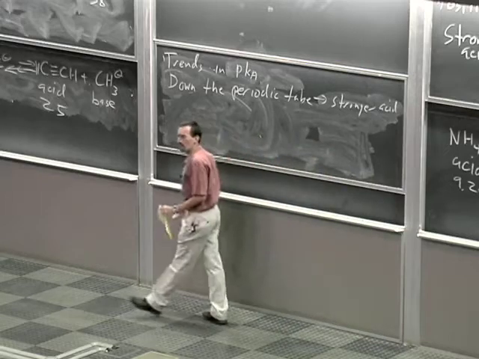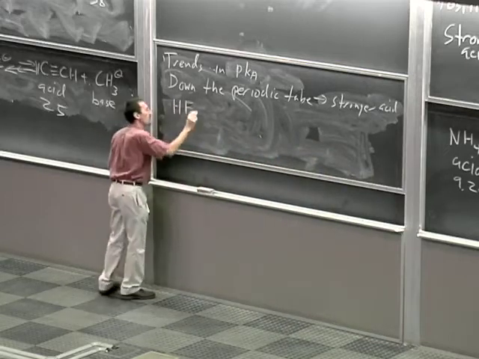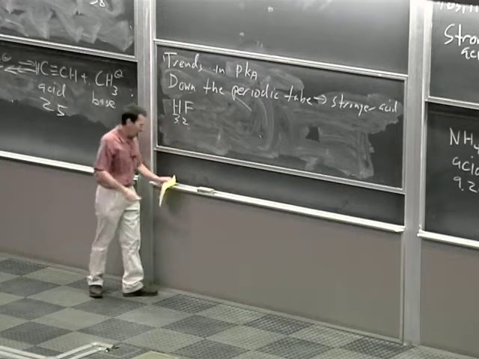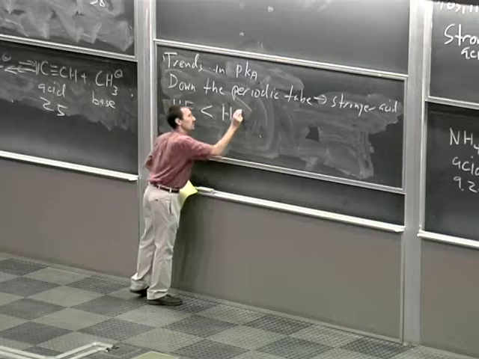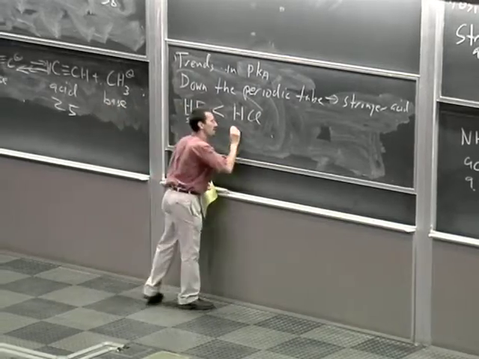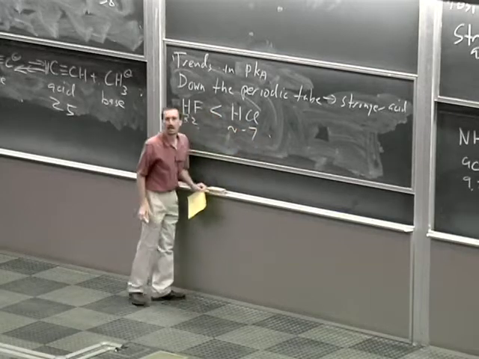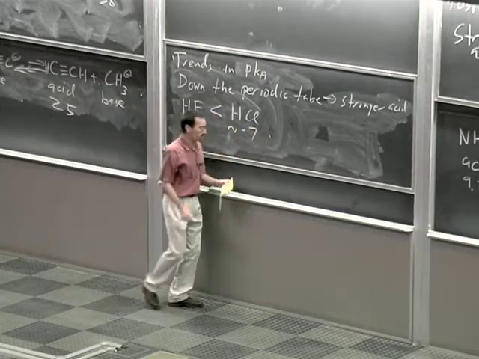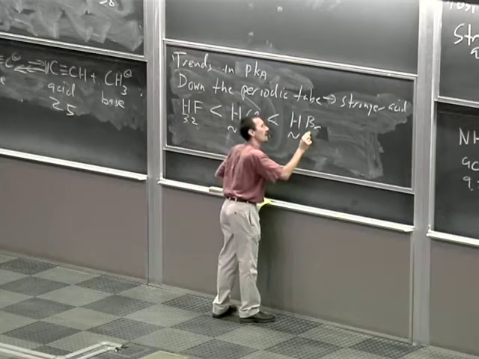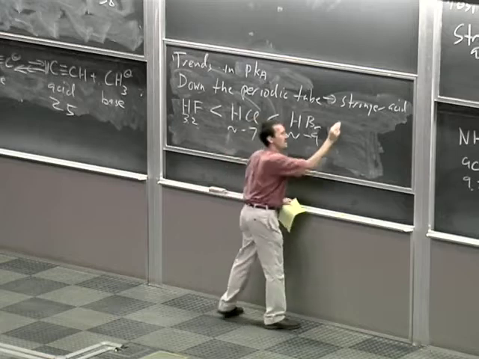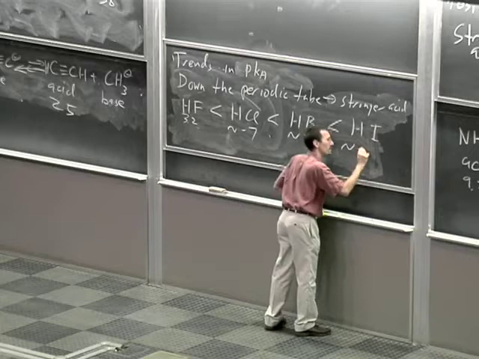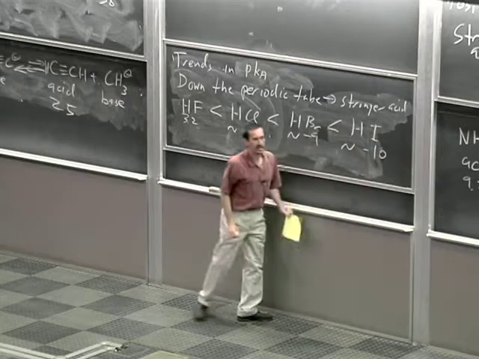We saw that hydrofluoric acid was only a weak acid, pKa of 3.2. Hydrochloric acid is a stronger acid. Its pKa happens to be about -7. Hydrobromic acid, or HBr, has a pKa of about -9. And hydroiodic acid is very, very strong with a pKa of about -10.